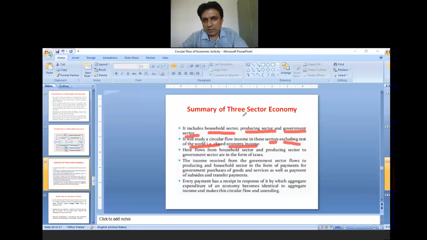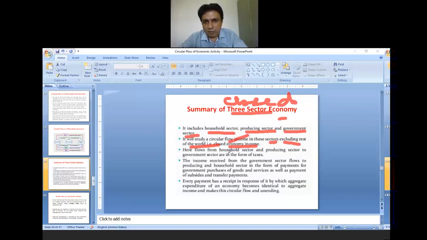Basically, the three sector economic system is also called the closed economic system because it deals within the country itself, and we are not including any foreign trade in this economy. The government, household or consumer, and business are all part of a country itself. So it is a closed economic system.